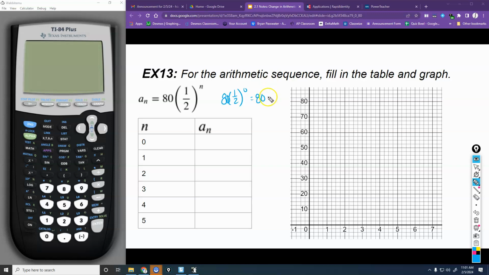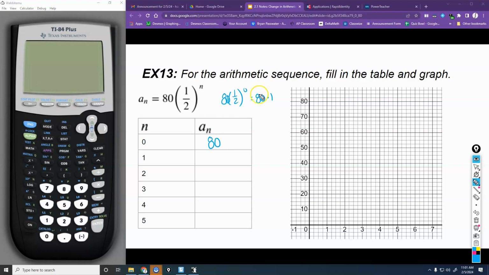It is 1. Anything to the 0 power is 1. I'll show you something here in a second. But right now that'll be 80.